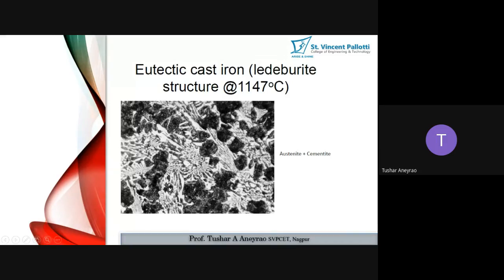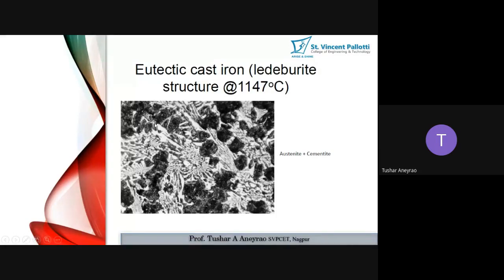One is the transmission electron microscope, another is the scanning electron microscope. So TEM and SEM are the short forms given to them, and another is XRD, the X-ray diffraction. All these techniques are useful for obtaining such images. So here black spots are nothing but cementite and white spots are nothing but austenite.